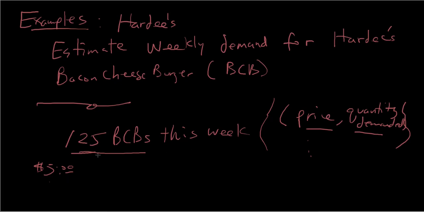That's a little different from the demand we defined. That is a price and the corresponding quantity demanded, where the quantity demanded represents the buyer's willingness to purchase at this price. But this one is an actual number of bacon cheeseburgers sold at this price.